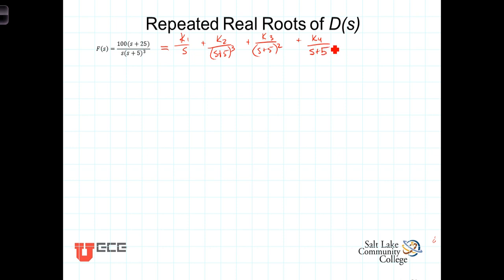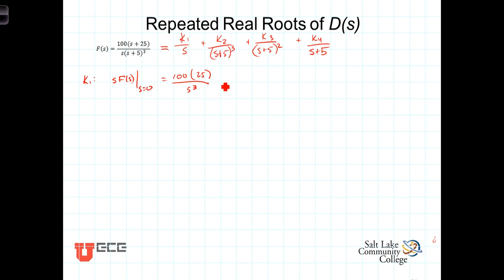We can evaluate k1 and k2 in exactly the same way that we have in the past. So to get k1, we'll multiply both sides of this equation by s and then evaluate it at s equals 0. So s times F(s) evaluated at s equals 0, on the left-hand side we'll have 100 times 25 over 0 plus 5 cubed.